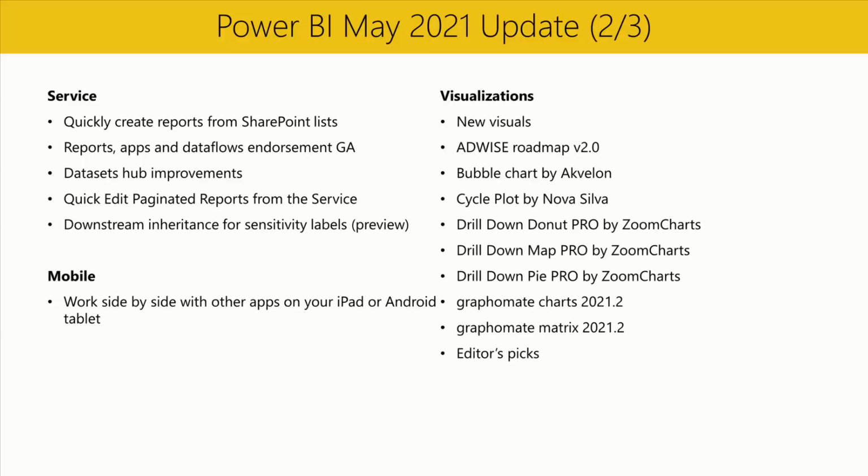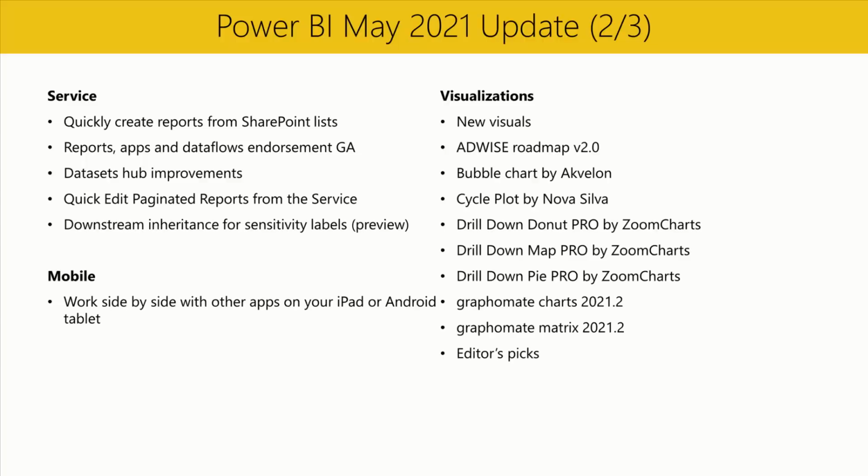We're also releasing improvements to the Dataset Details page in the Datasets hub. With this release, we're adding more metadata and more actions that you can perform from the Dataset Details page. With the new Tables view, you can see the dataset's tables, columns, and measures all as a part of the Dataset Details page, eliminating the need to open a dataset in Power BI Desktop.